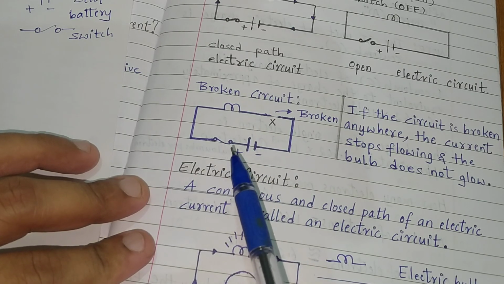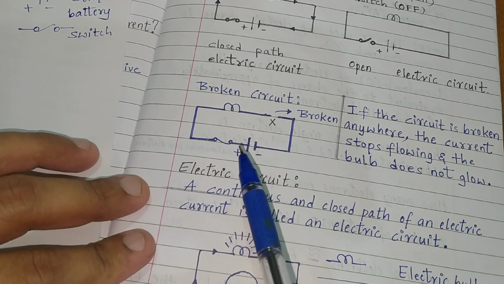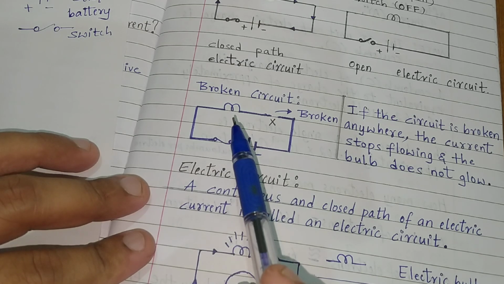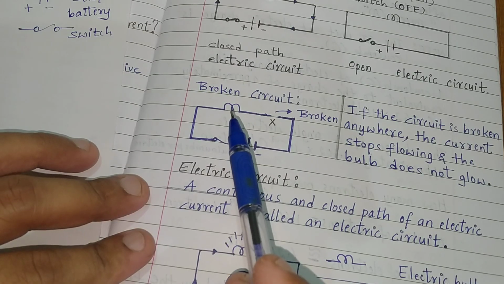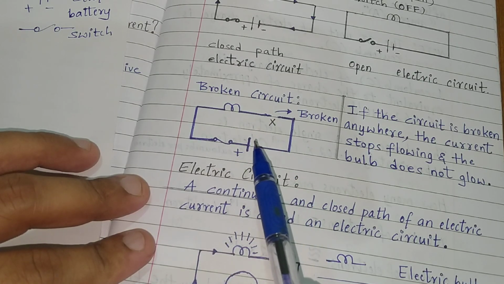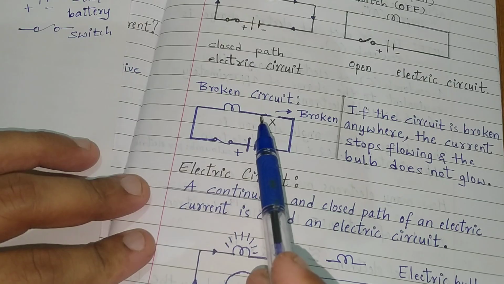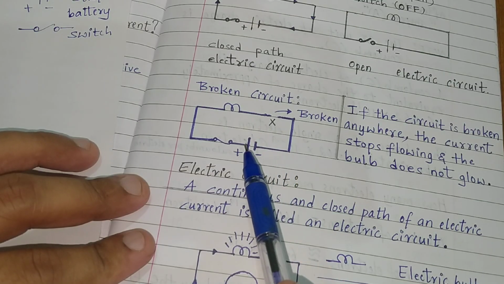Here a switch is in a closed position, but an electric lamp or an electric bulb is not glowing because in an electric circuit, a circuit is broken in a conducting path.